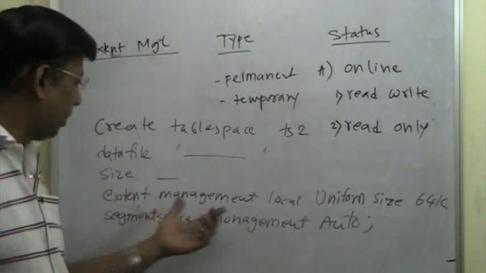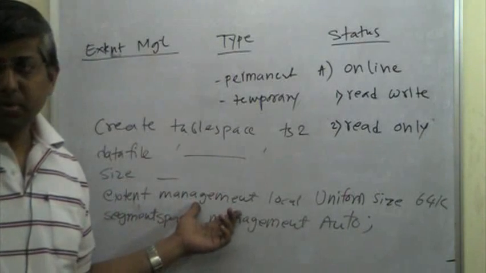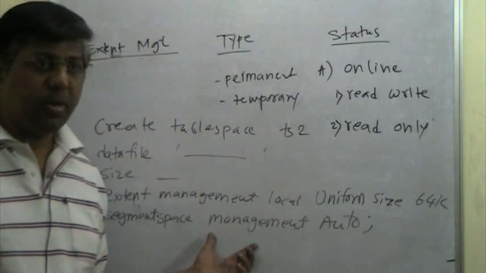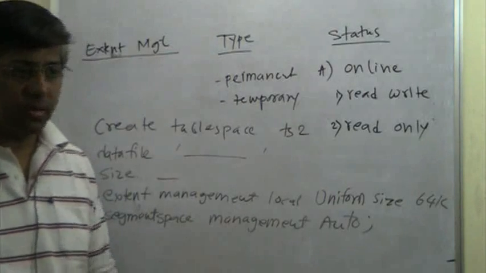Extent management local means the information is kept in the header of the data file, and segment space management auto means the bitmap, the free list information, is also in the header of the data file.